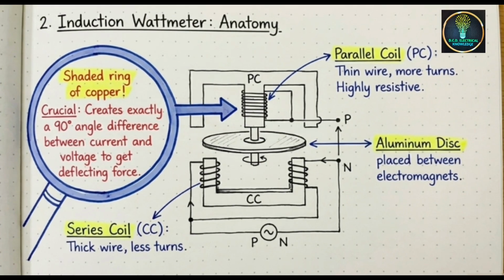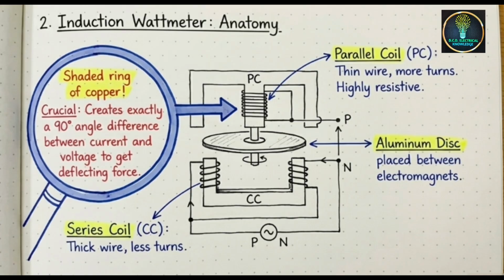Serial number 2, induction wattmeter. Anatomy: a shaded ring of copper. Crucial: it creates exactly a 90-degree angle difference between current and voltage to get deflecting force.